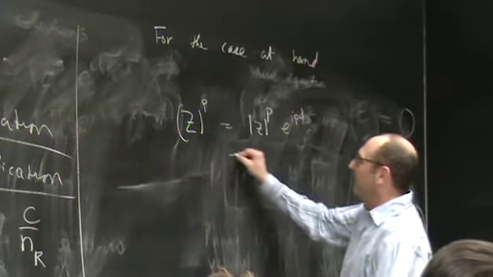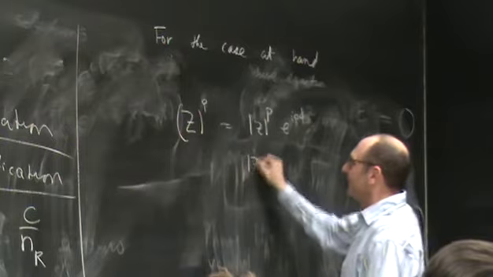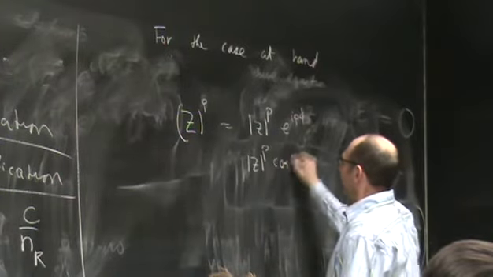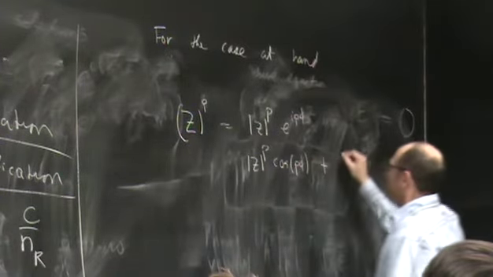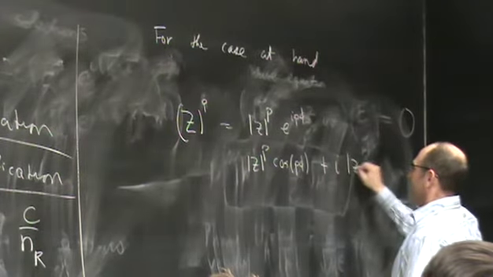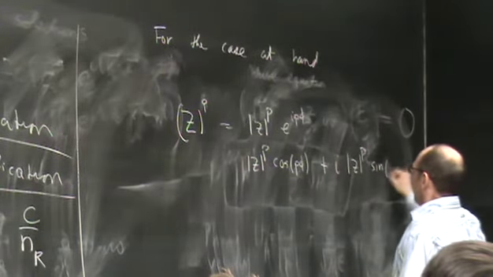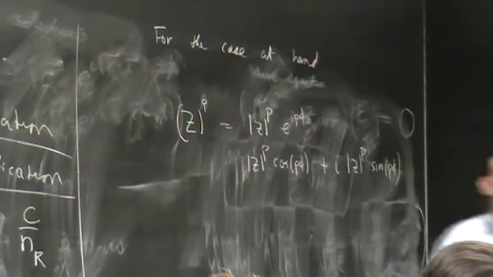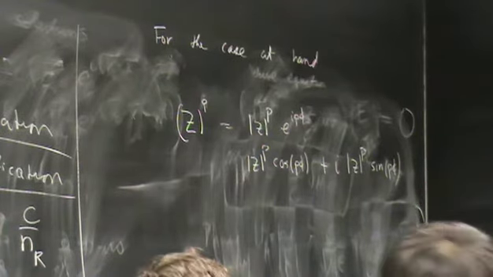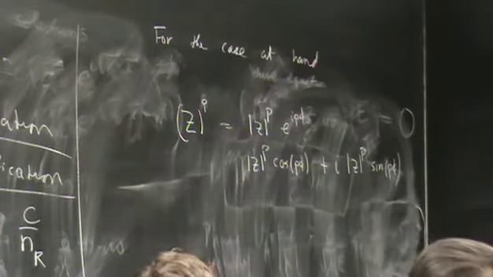And then if I want to find the real and imaginary parts, it is the magnitude of z to the p times the cosine of p phi, plus i times the magnitude of z to the p times the sine of p phi. That's how you take the power of a complex number.